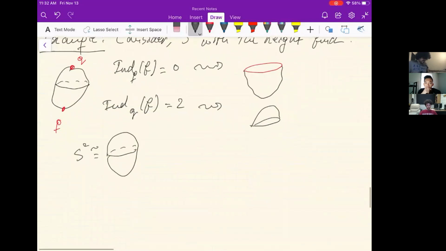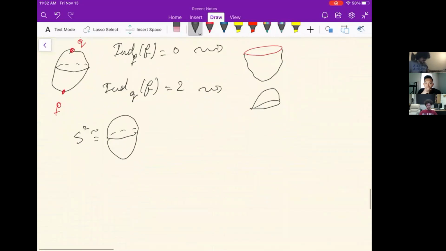So that's basically an easy example. You only have two critical points and they are a minimum and a maximum. And in fact, that's an interesting theorem in Morse theory: given a manifold, if you are able to find a Morse function that only has two critical points, then this manifold is necessarily homeomorphic, not diffeomorphic, to a sphere.